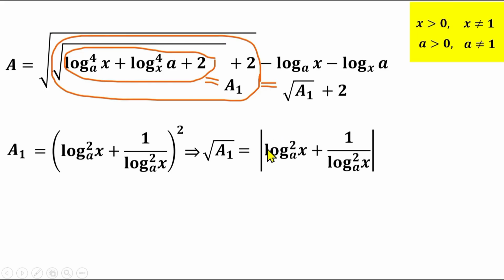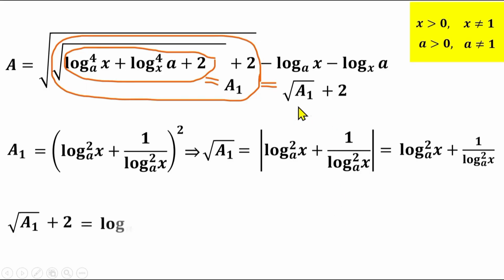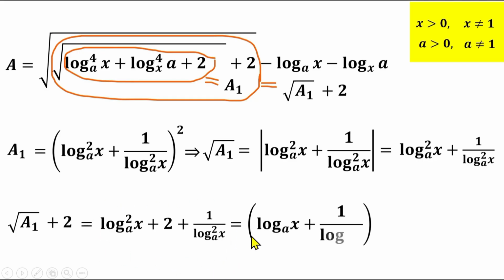Both these logarithms are positive, so we can eliminate the modulus. So we have here this expression. Now we calculate the square root of A1 plus 2. And again we see that here we have a full square, but now of this expression.